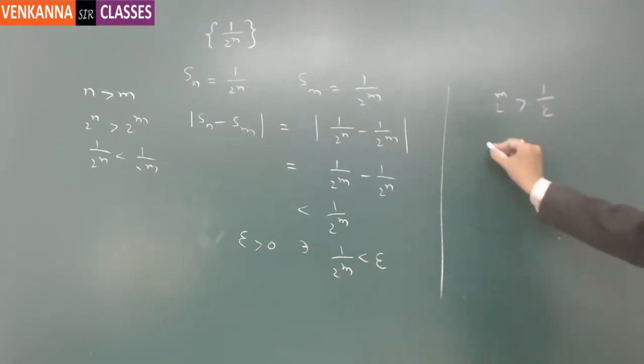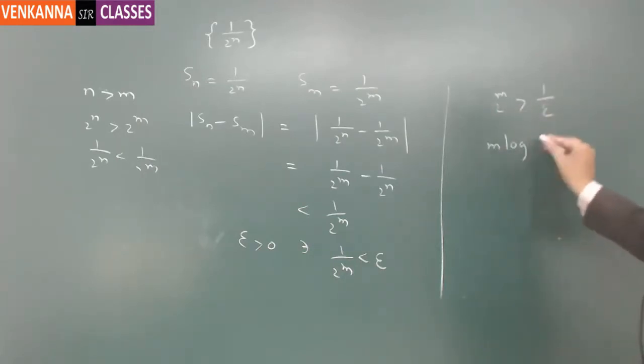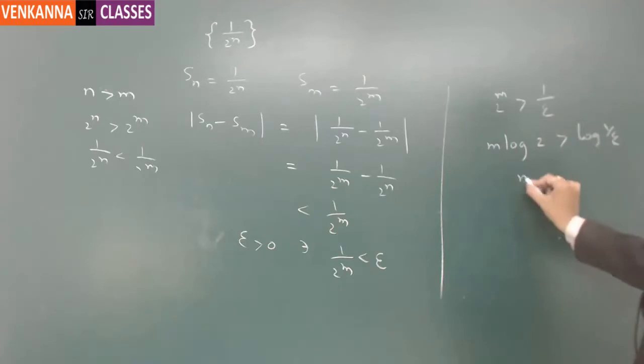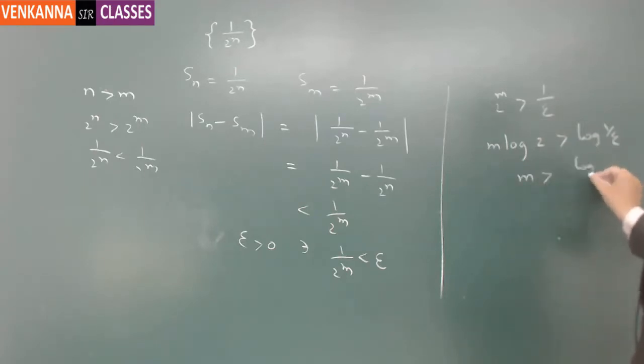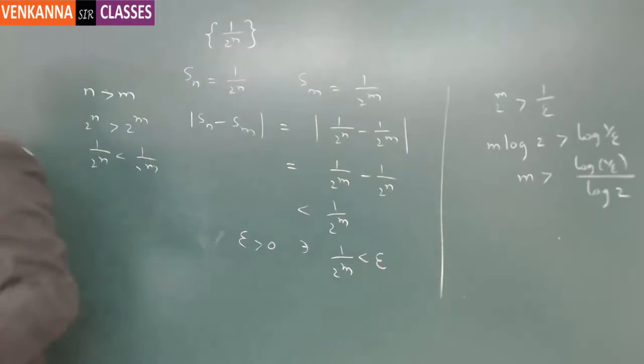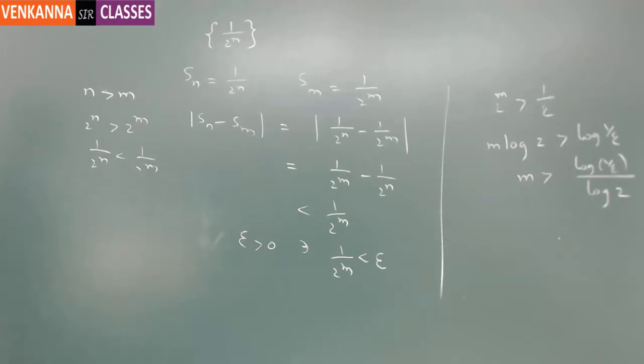Applying logarithm on both sides, m log 2 is greater than log of 1 by epsilon, and m is greater than log of 1 by epsilon by log 2. So you should take a term number like that: m must be greater than log of 1 by epsilon by log 2. Okay?